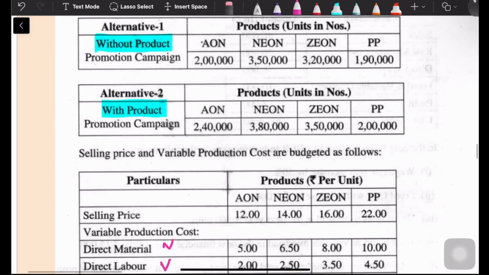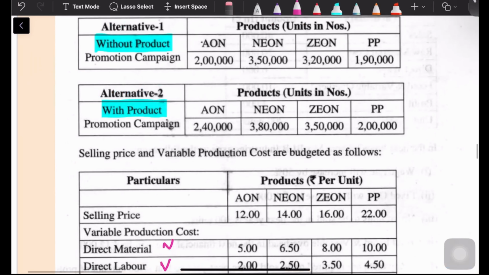So total is 12.7. 16 minus 12.7 is 3.3. 3.3 into 3.2 lakh, 10,56,000. Sorry, 1.2 divided by 1.2, so it will give you 1 hour. So contribution per machine hour is 3.3 per machine hour.